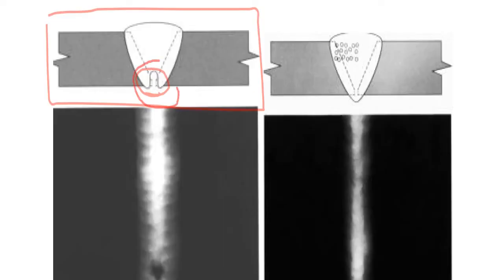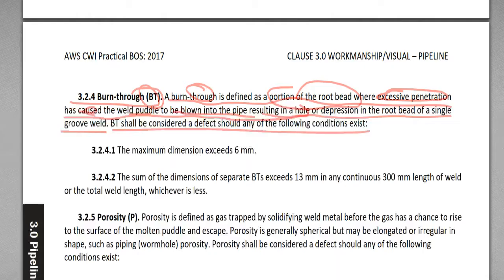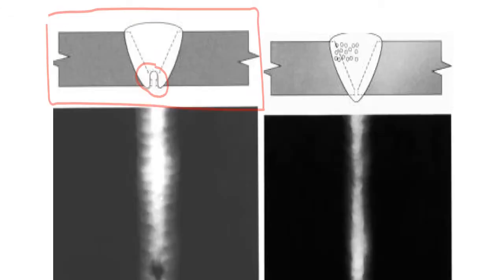So resulting in a hole, nothing is here, completely empty. Or a depression in the root bead of a single groove weld. So this is a single groove weld, and a depression, a kind of depression. This is just a complete hole, but a depression can be a burn through.